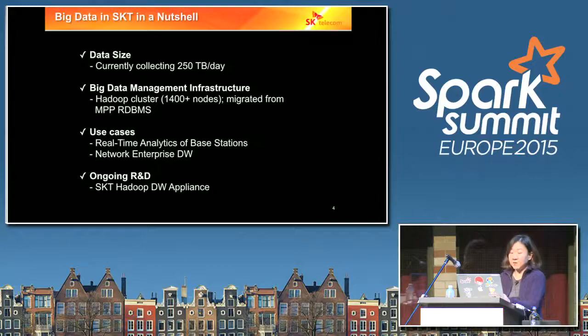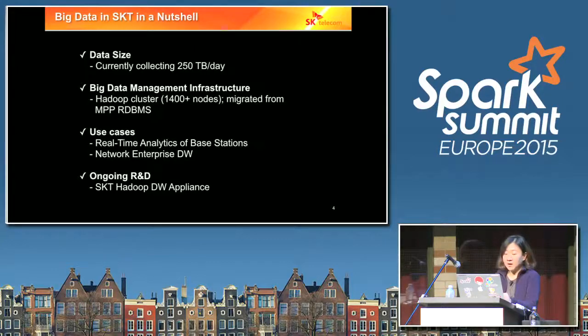Some servers were converted to Hadoop from MPP-based DBMS servers after migration. We, SKT, adopted Spark 2 years ago, applied to building a data warehouse, real-time computing, data analysis, and so on. We collect a variety of data and analyze it to upgrade network quality and service level.